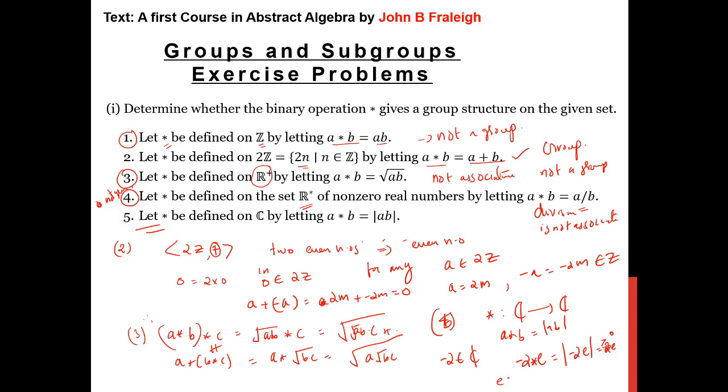Therefore, this cannot be equal to minus 2, so there does not exist an identity element e. Therefore, this is not a group. So only the second one is a group.